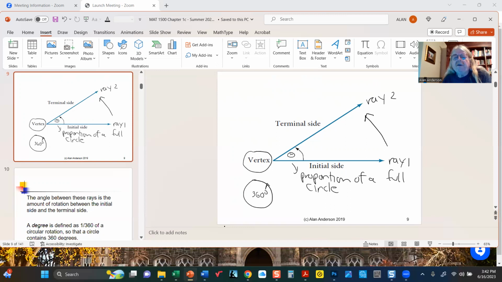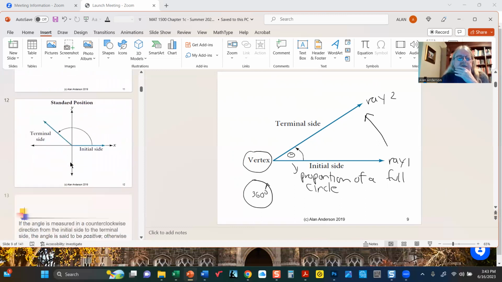In other words, if we went, let's say, 1/10 of the full circle, that means this is 36 degrees. That's really all that it means. It means how far did we travel relative to a full circle to get from one side to the other. If we go around an entire circle, we went 360 degrees. If we go halfway around, that would be 180. That's where these numbers are coming from.